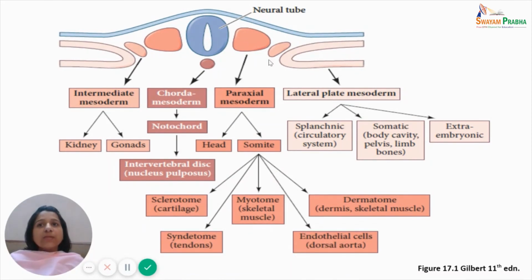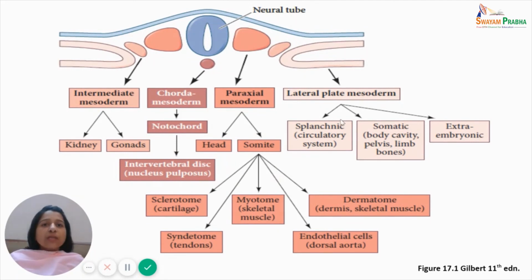The intermediate mesoderm is positioned lateral to the paraxial mesoderm, and this intermediate mesoderm forms the urinogenital system, that is the embryonic kidneys, the gonads, and also the associated ducts. Plus, they also form the outer or the cortical portion of the adrenal gland. Now, farthest away from the neural tube lies the lateral plate mesoderm.